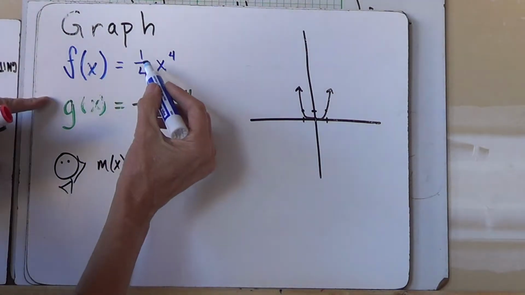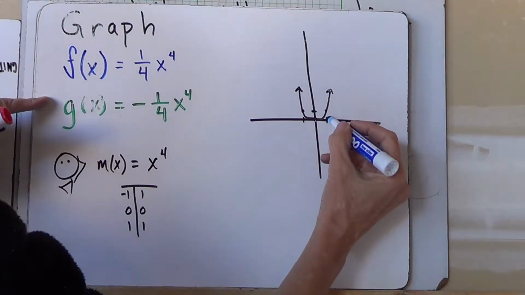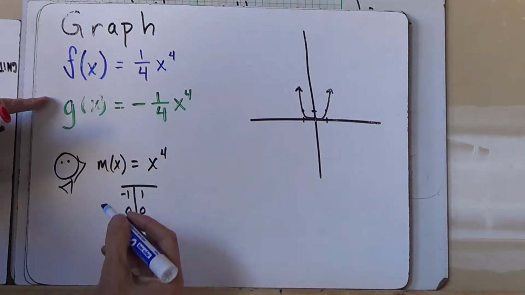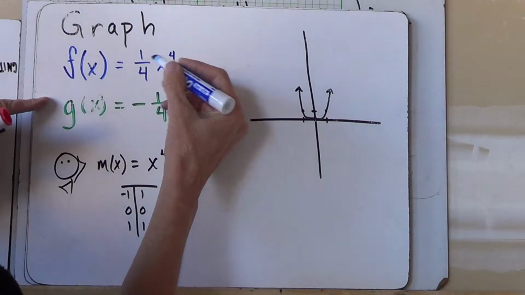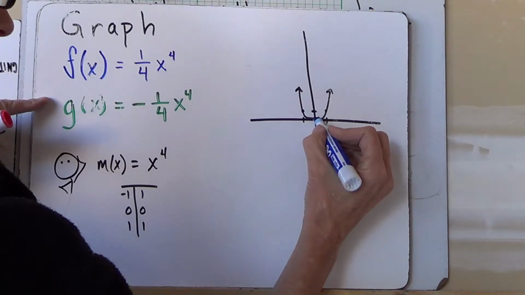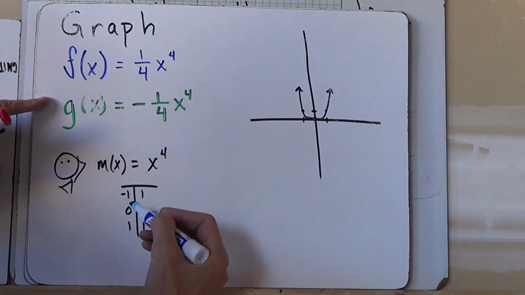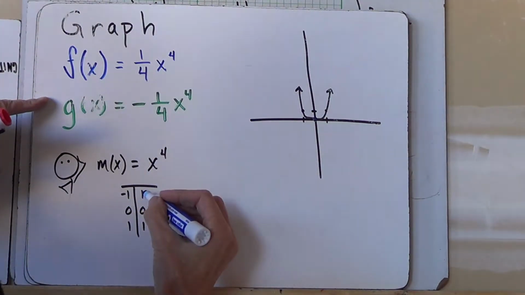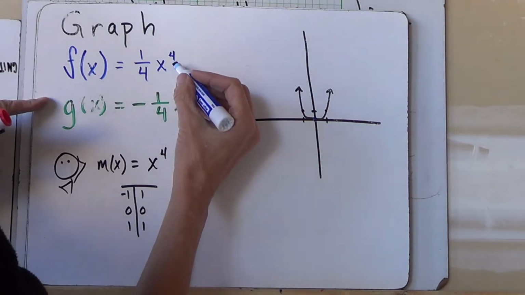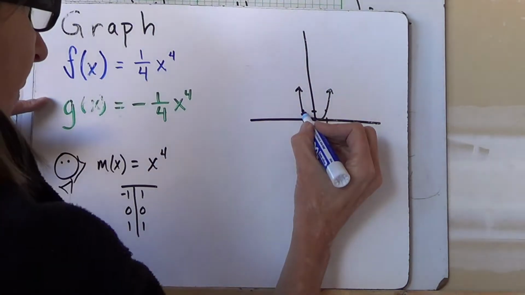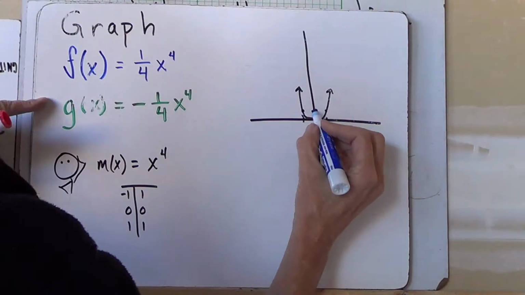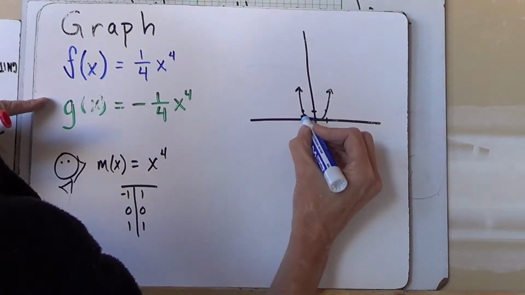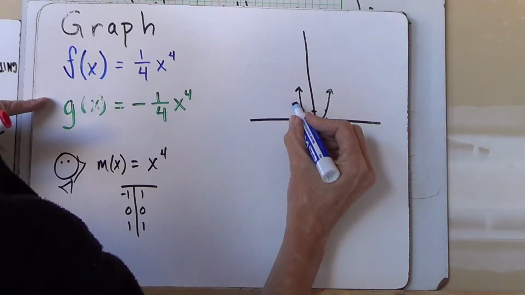Now to go 1/4, I know this distance here is going to shrink. And here's how it happens. When I plug in 0, 0 times anything is 0. 1/4, what happens is when I plug in the negative 1, I get 1, but then 1 times 1/4 brings it right down here. So my graph just got a lot wider.